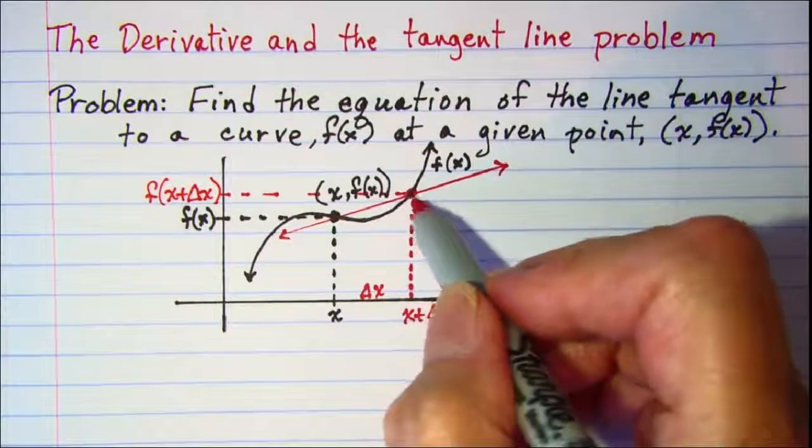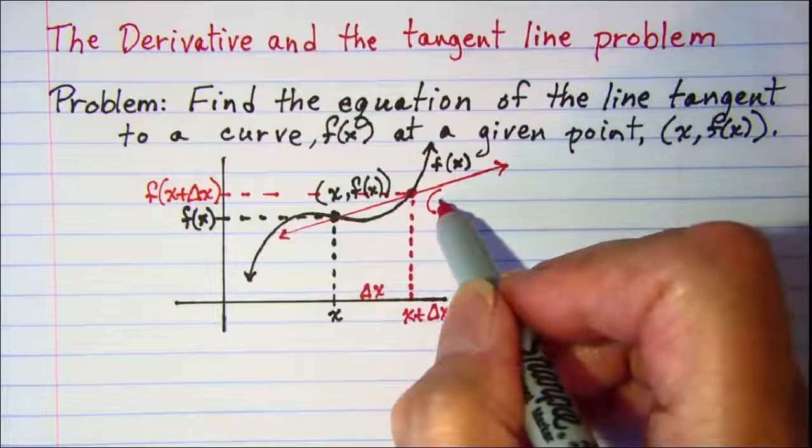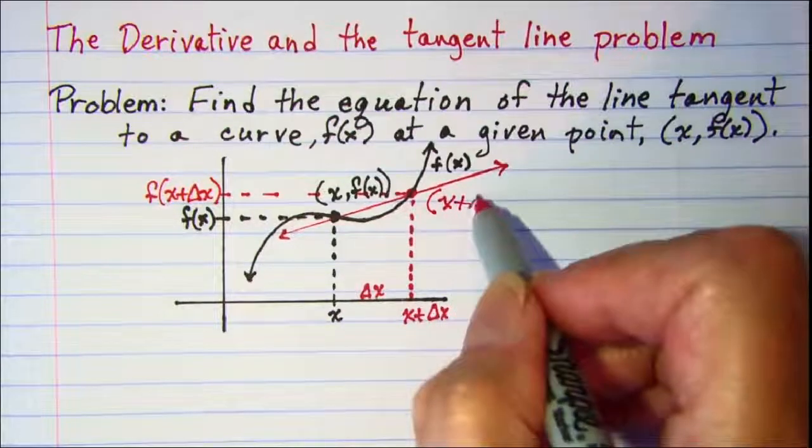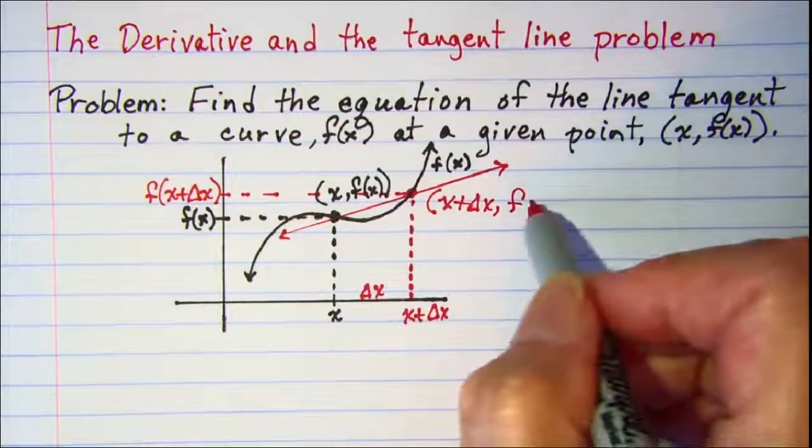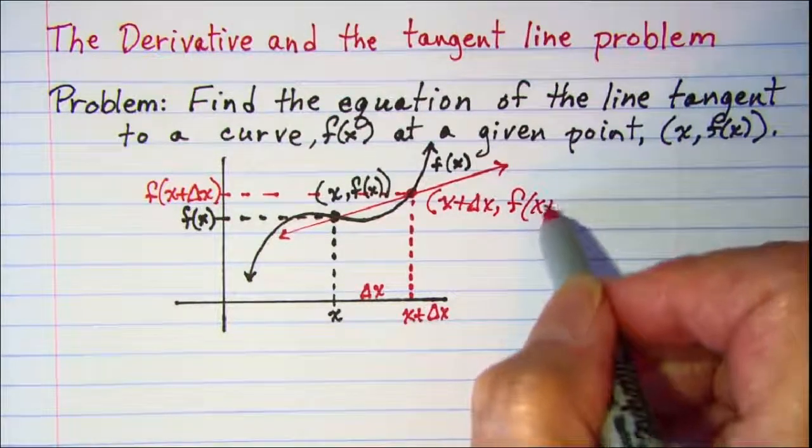So the coordinates then of this point are x plus delta x, and the y-coordinate is f of x plus delta x.